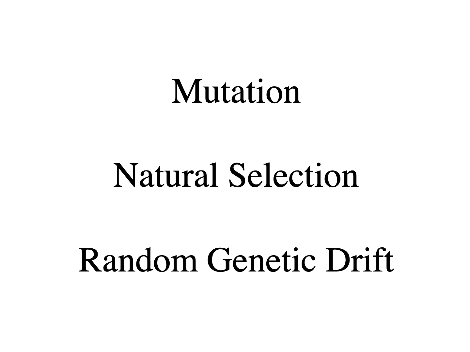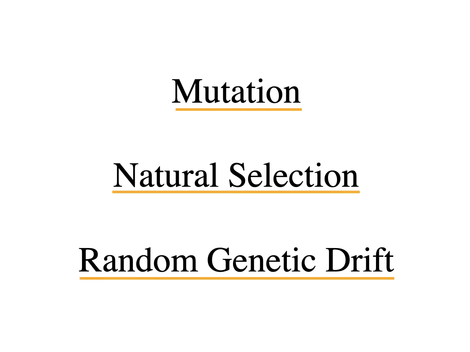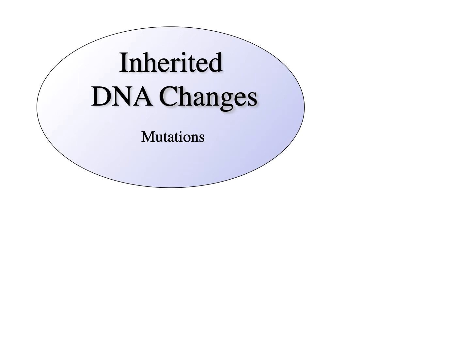The raw materials of evolution are mutation in the DNA, or RNA in the case of some viruses, natural selection, and random genetic drift. The first part is that inherited DNA changes are known as mutations, and these mutations can persist in a genetic line of organisms.